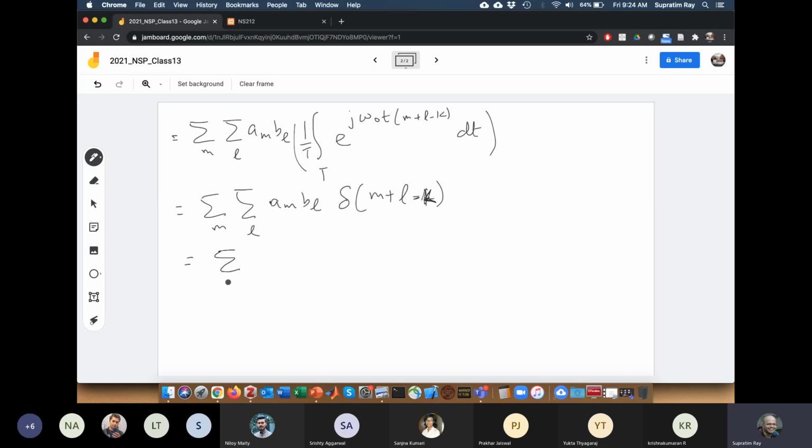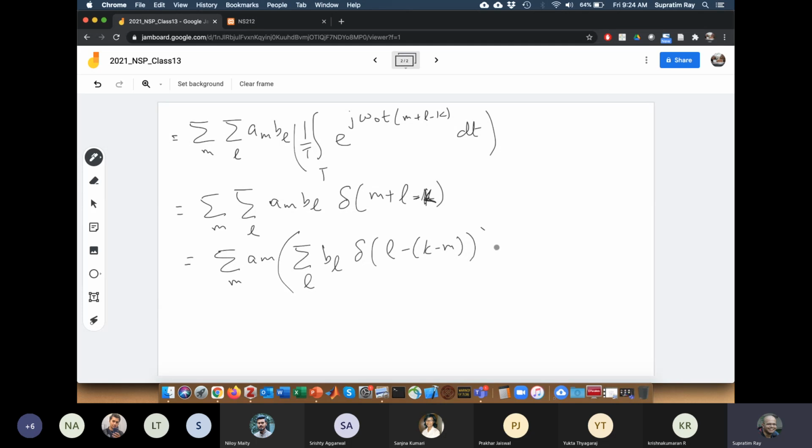People are with me. So now I'm going to just rewrite it in a slightly different way. The summation here is over L, so a_m can come out here. It's over L, b_l, delta function of (l minus k minus m), put under brackets.